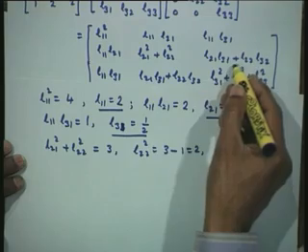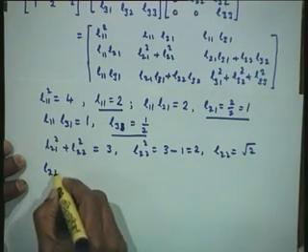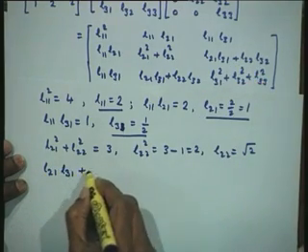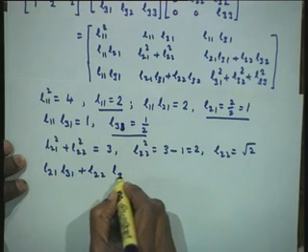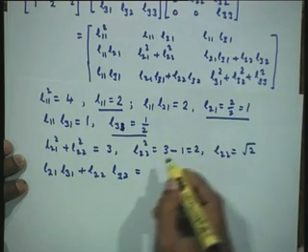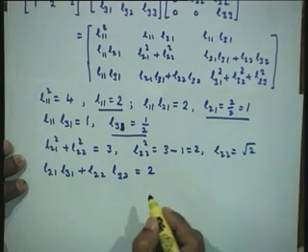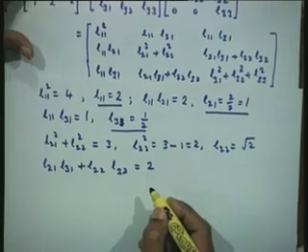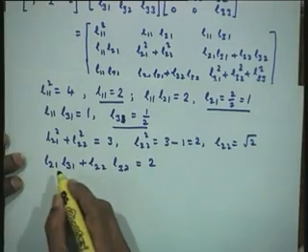Then we go to this last element, L21, L31, L22, L32, and that element is given to us as 2. Now let us substitute the values.